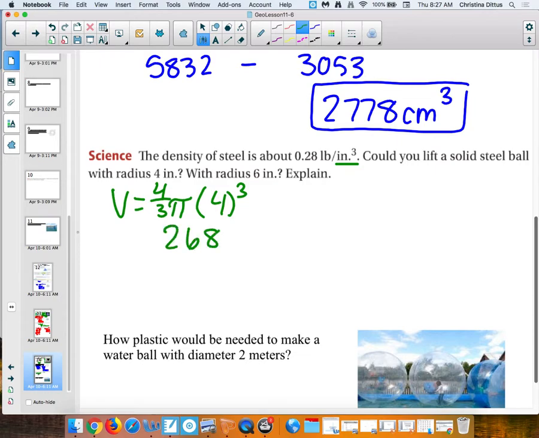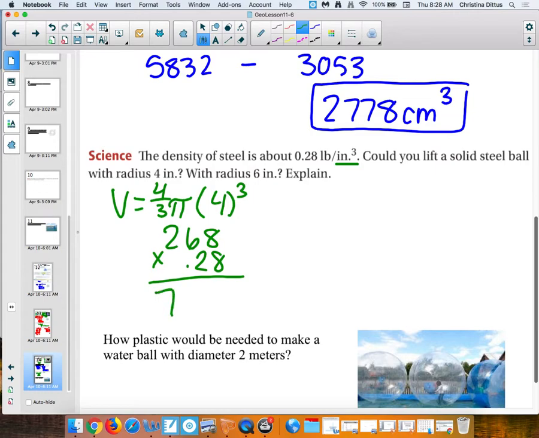Okay, so if that's the volume of my sphere and the density of steel is 0.28 pounds per inches cubed, I need to multiply this by 0.28. And how many pounds is that steel ball? Whole number again. 75 pounds.